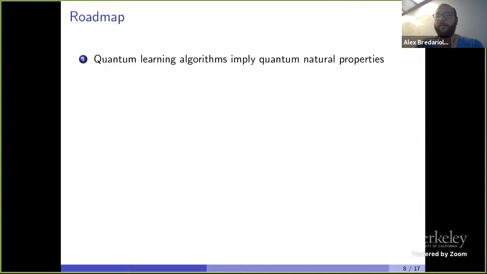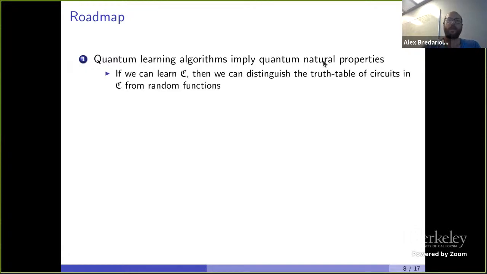So let me now give a summary of how you achieve the result. The first thing is showing that a quantum learning algorithm implies what we call a quantum natural property. This is saying that if you can learn C, then this learning algorithm can be used to distinguish the truth table of a function that can be computed by the circuit class from random functions. I'll talk more about it in the next slide.